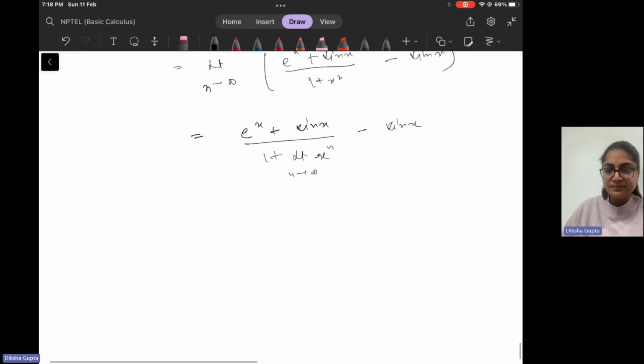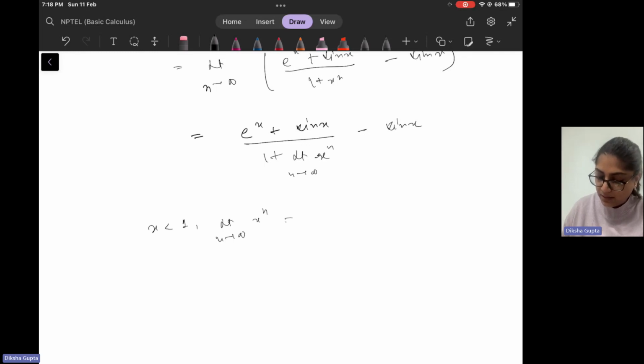Now we'll have to see what is the value of x raised to power n depending upon x is greater than 1 or less than 1. If x is less than 1, limit n tending to infinity x raised to power n is 0. So implies e raised to power x.